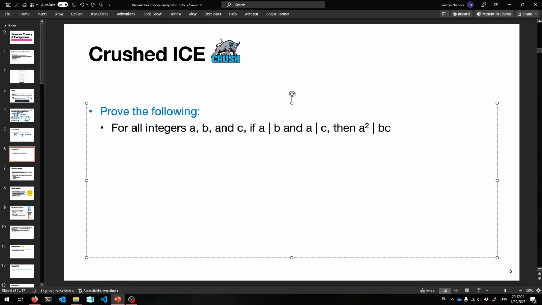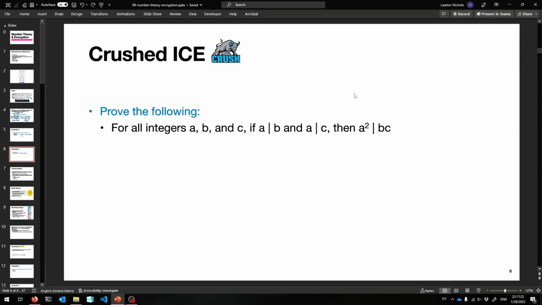Then you need to show that a squared divides b times c. So it's kind of like you can multiply these two rules together and somehow keep everything on the same side, and you have a divisibility proof still. Isn't that cool? So give that a try, and I will show you my way if you get stuck, or just to confirm your assumptions.